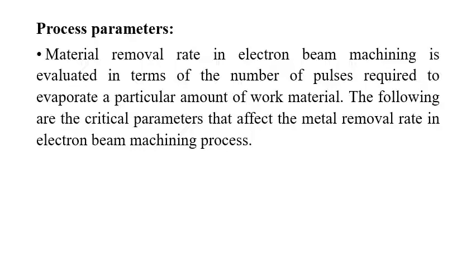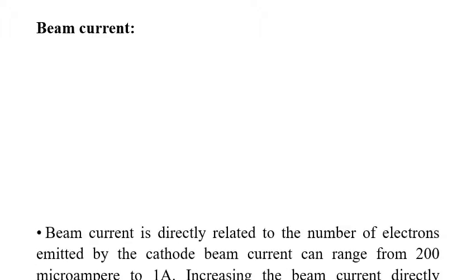A few of the critical parameters that affect the material removal rate in the electron beam machining process are beam current, pulse duration, and lens current. First, we will move on to beam current.